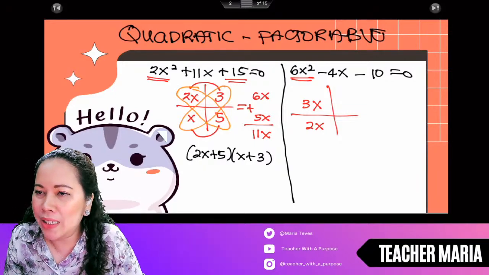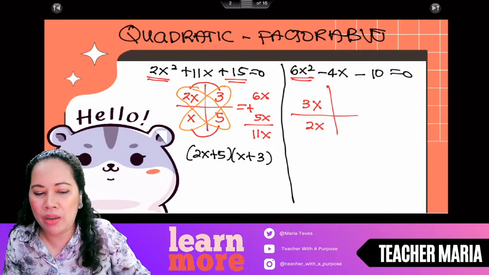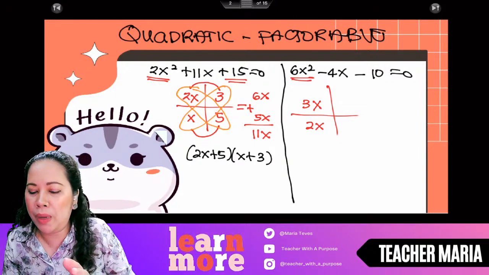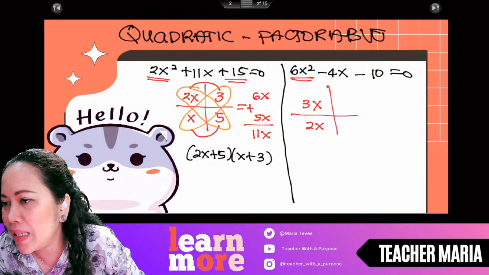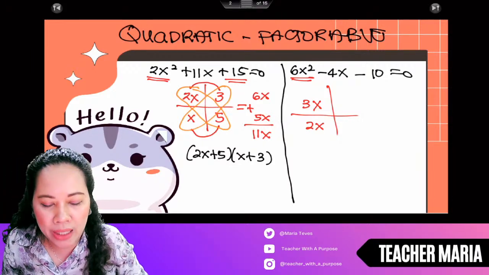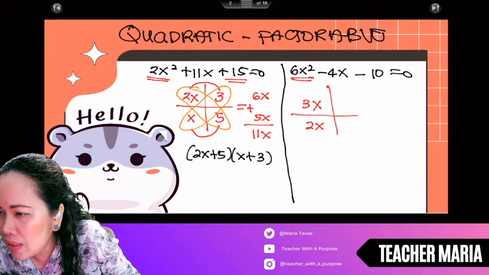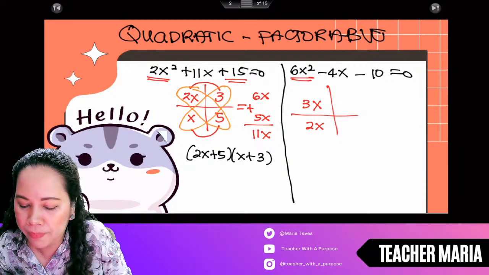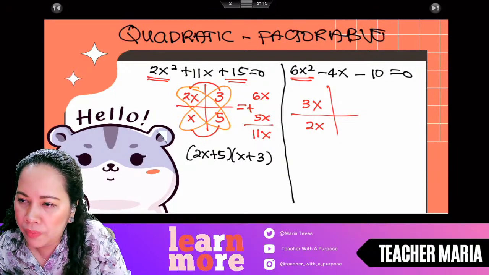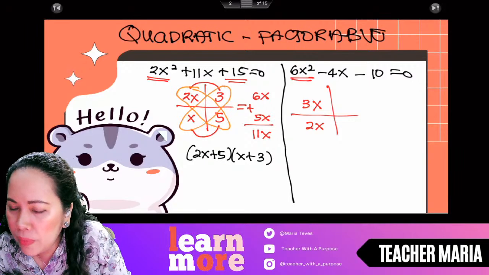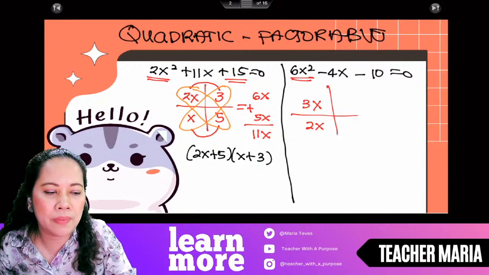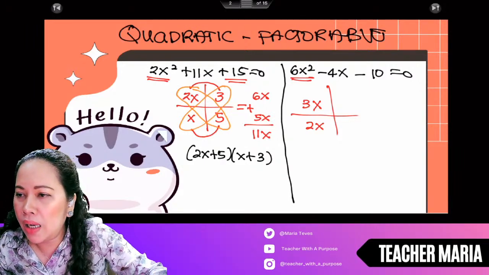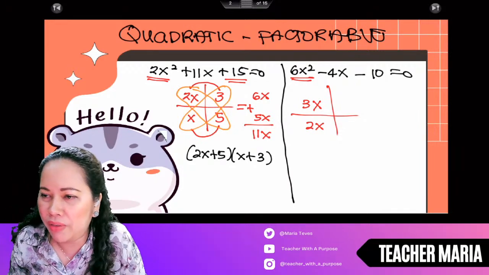So if it's a negative 10, you can have 5, but you have to think of which one to pair it with so that you will get a sum of 6. Yeah, that is also correct. I did factoring mentally since I don't have a paper.